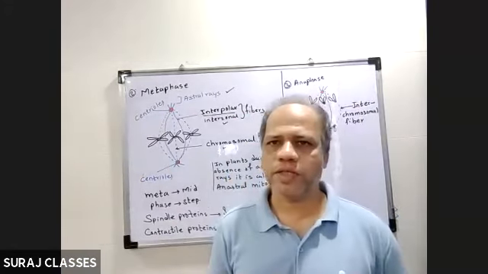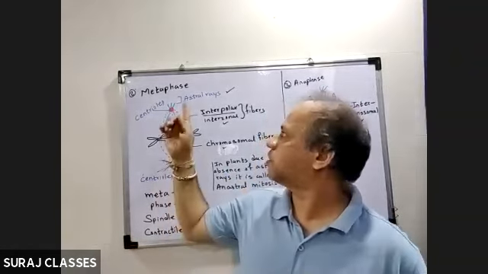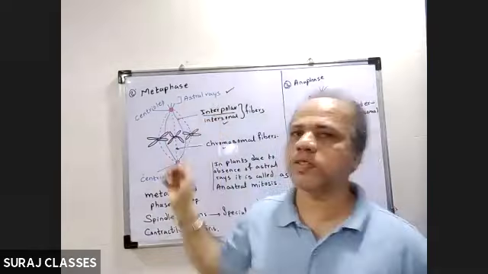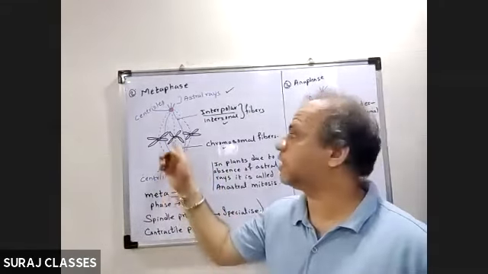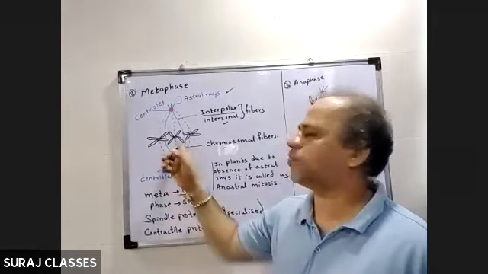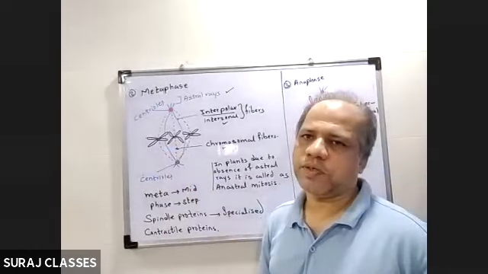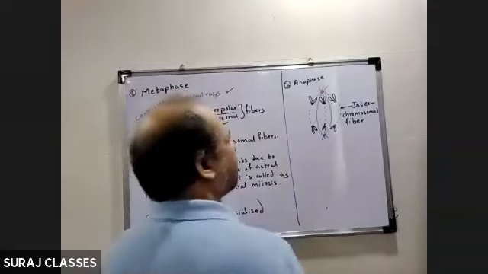So in total, how many spindle proteins are there? Four types of spindle proteins are there: astral rays, interzonal or interpolar fibers joining the two poles, and chromosomal fibers joining the centromere of the chromosome to the centriole. And what happens here?